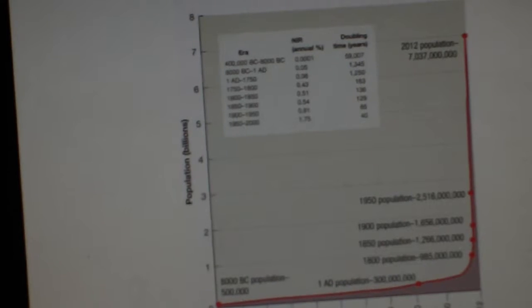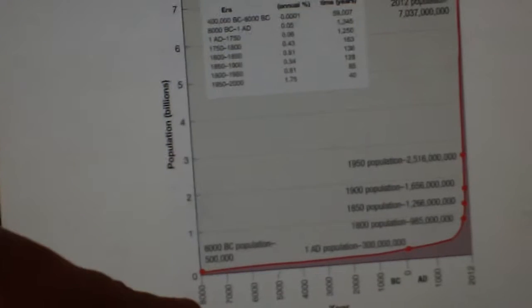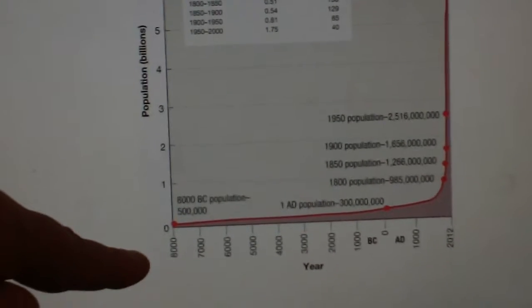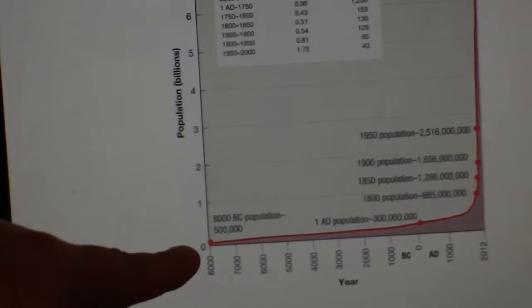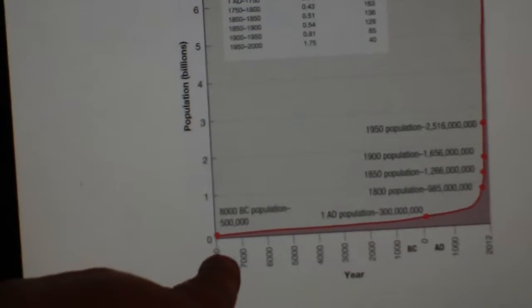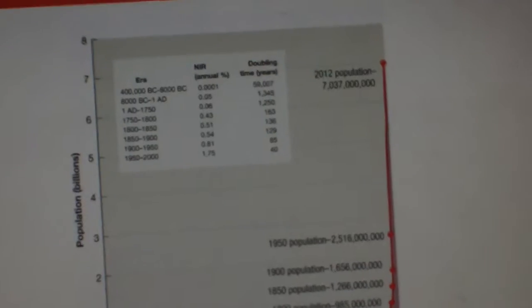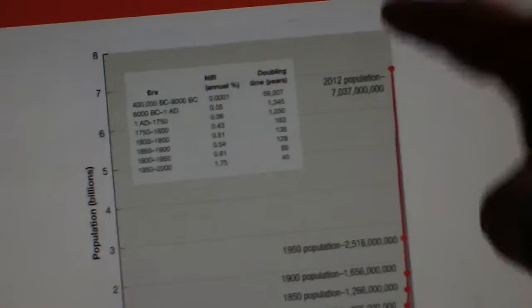So what we're looking at in this graph is the population in billions, and this is going to be the world, because obviously it's lots. We have the population in billions starting at 0 in the year 8000 BC, and it increases up to the year 2012, showing how that population is growing and the huge increase that we have.